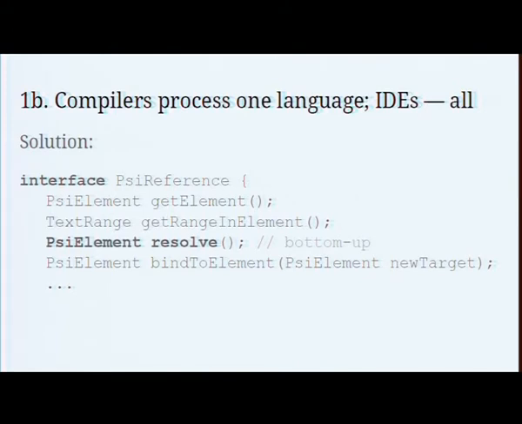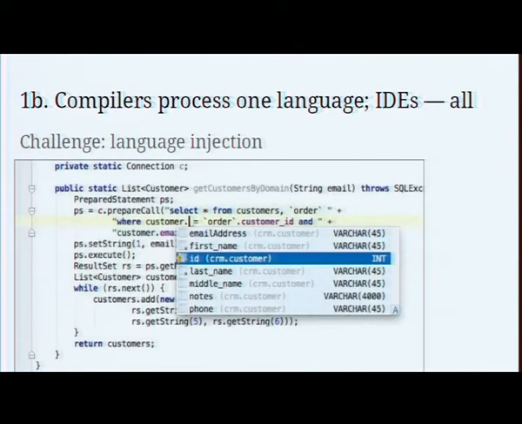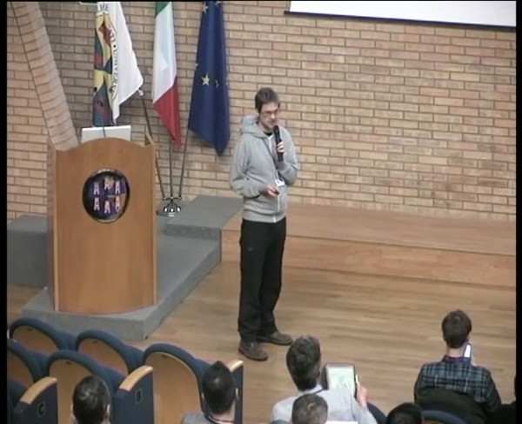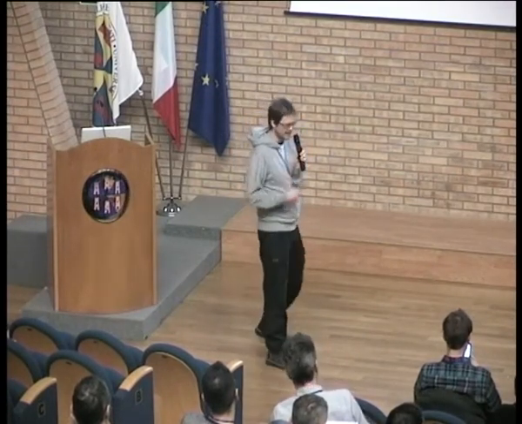Okay, next challenge also relates to supporting multiple languages, but this time in a different way. For a compiler, a string literal is just a string literal, nothing else. But for a developer, it might contain a whole other language inside of it. In this example, it's SQL. But it can also be Java, regular expression, or anything else.